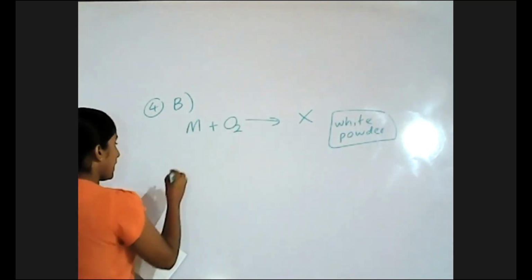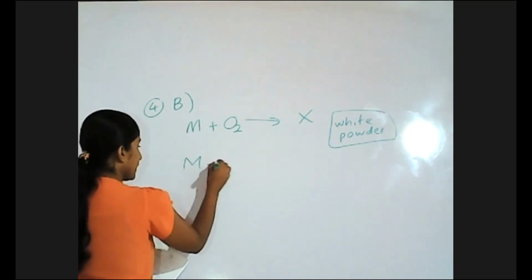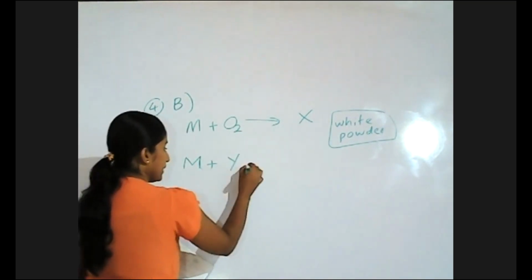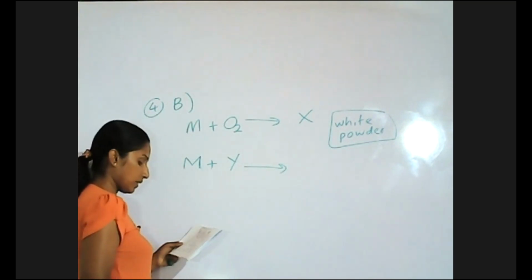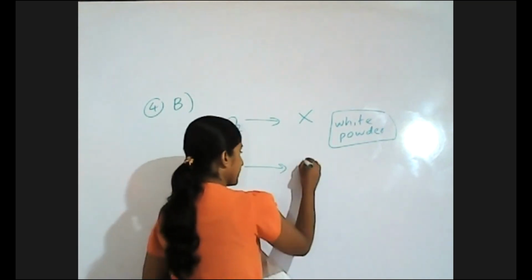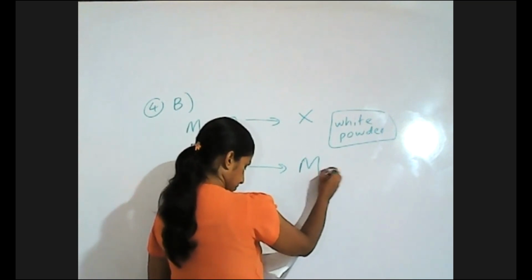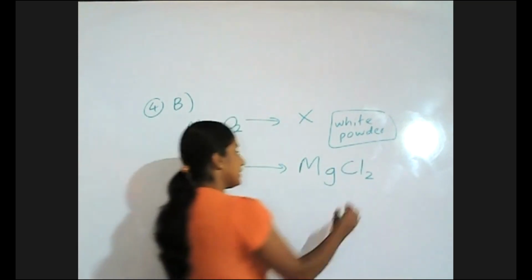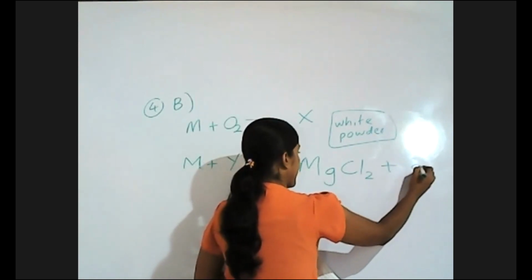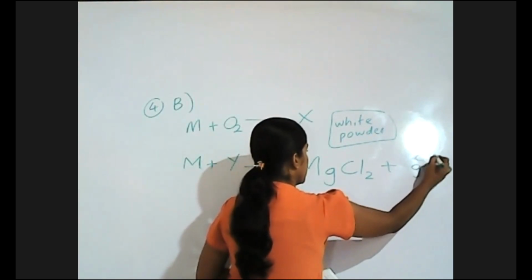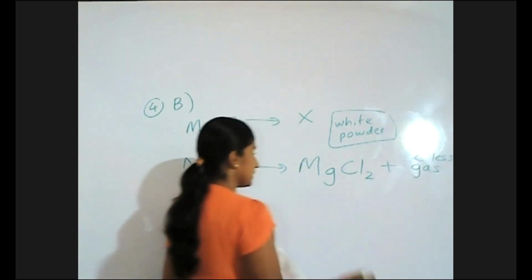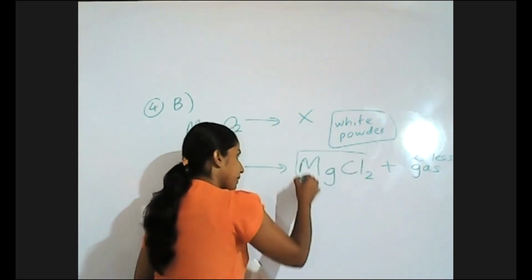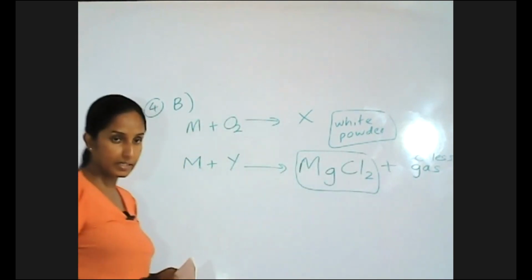And when M reacts with Y, it forms magnesium chloride and a colorless gas here.